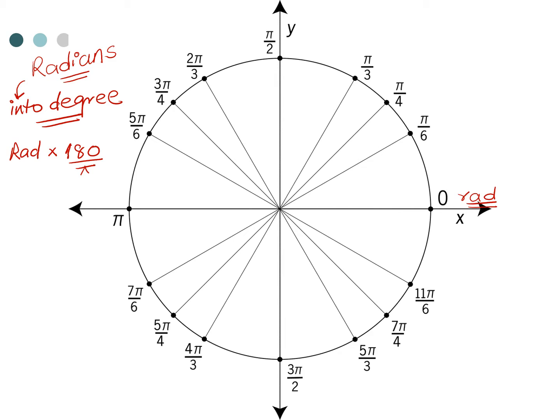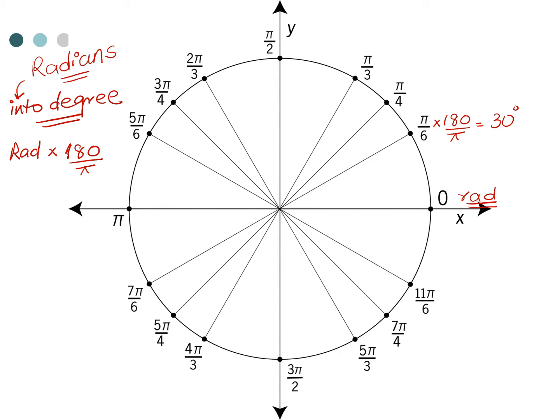In order to convert radians into degrees, whatever the radian is given to you, you multiply it by 180 over pi. So for example, here pi over 6 is given. If you multiply by 180 over pi, then you will get 30 degrees.